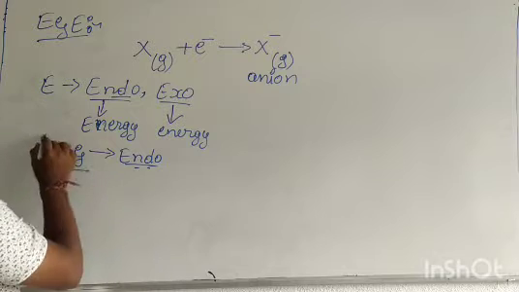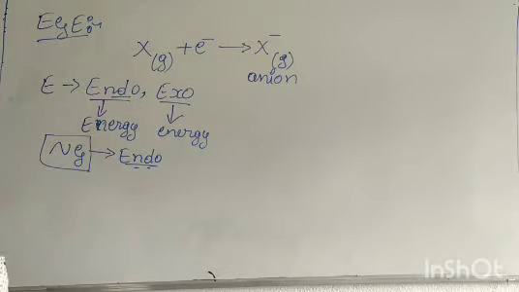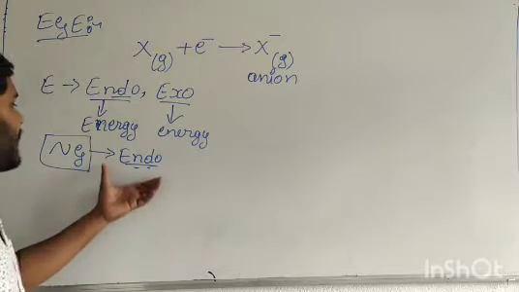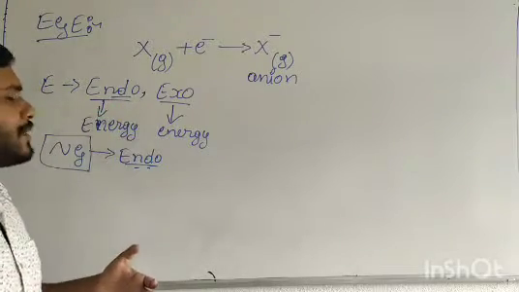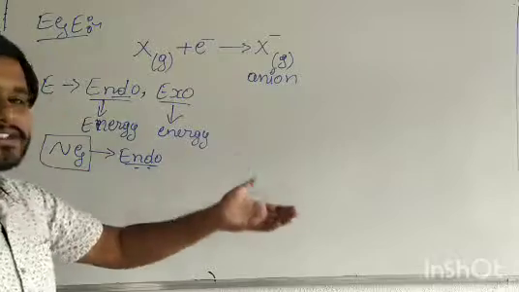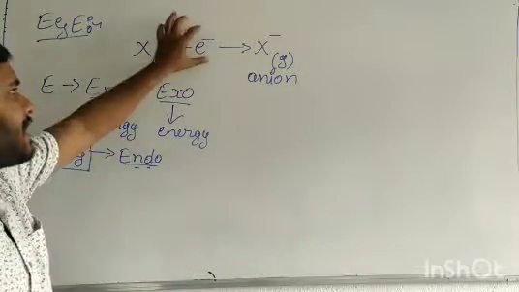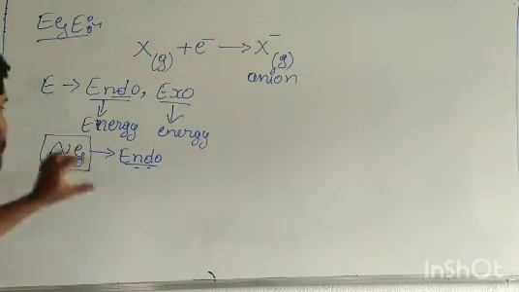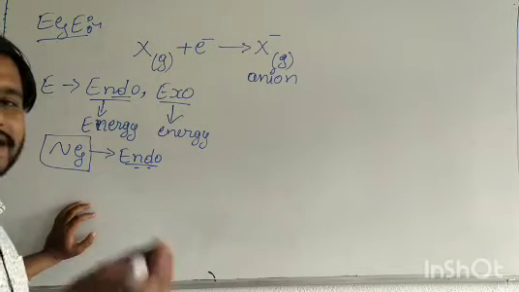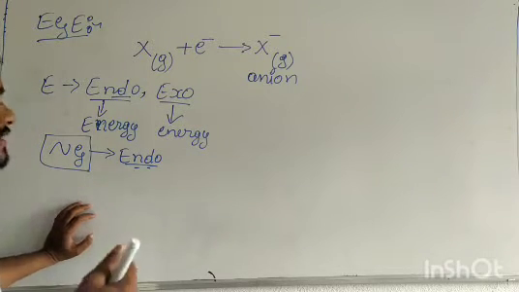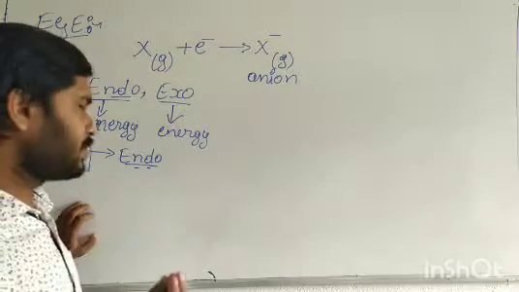The noble gas series will need some amount of energy to add an extra electron, whereas other elements of your periodic table will liberate some amount of energy when you add an electron to them.